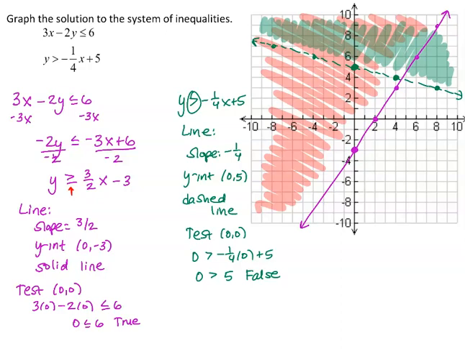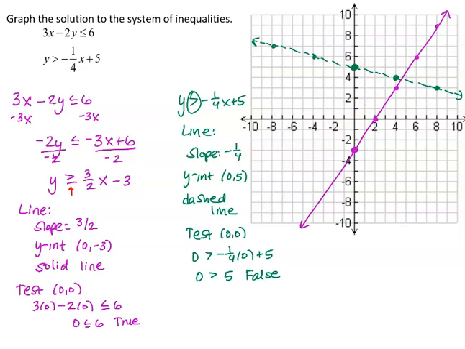You could label your solution region, so we could take out our shading and put it just in our final answer to say just this portion are the ordered pairs, the xy coordinates that will make both the first and the second inequality true. The other sections may make one true or the other, but this is the only part that makes both of them true. So this is our solution to the system of inequalities.